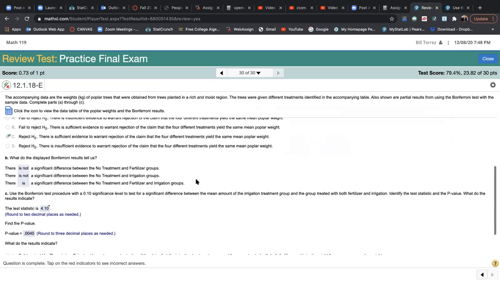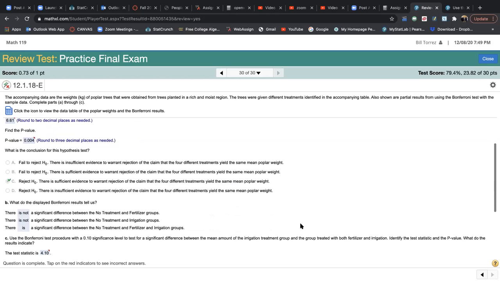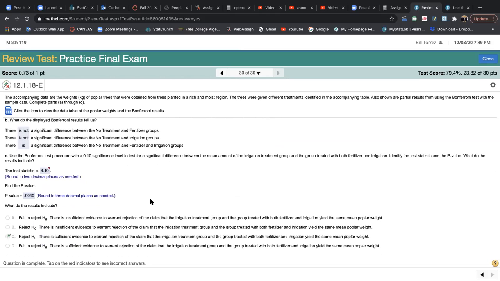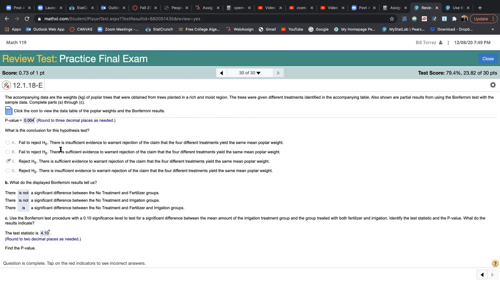And again, p-value is low, so H0 is a no-go. We reject H0. Furthermore, the correct way to say this is that the data do provide sufficient evidence to warrant rejection of the claim that the 4 different treatments yield the same poplar weight. Okay? Now, we'll skip the rest of this. I won't give you a problem requiring the Bonferroni test.